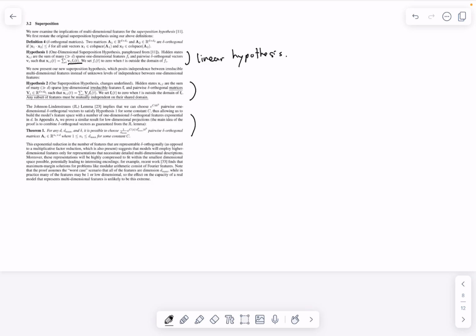Therefore, using the inner products of orthogonal matrices and multidimensional features provides a formal and reliable method for identifying irreducible multidimensional features. This is because the Johnson-Lindenstrauss lemma ensures that independence is maintained during the dimensionality reduction process.